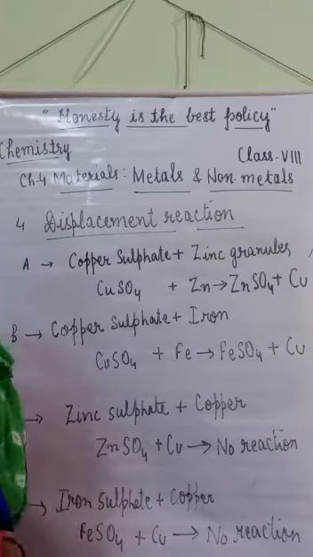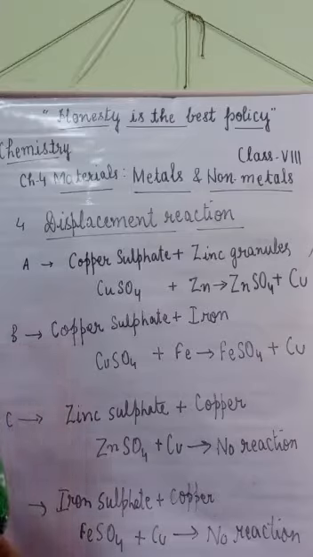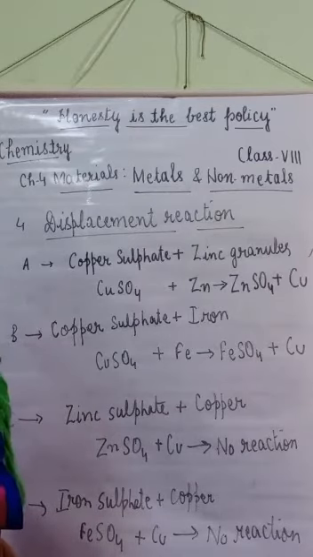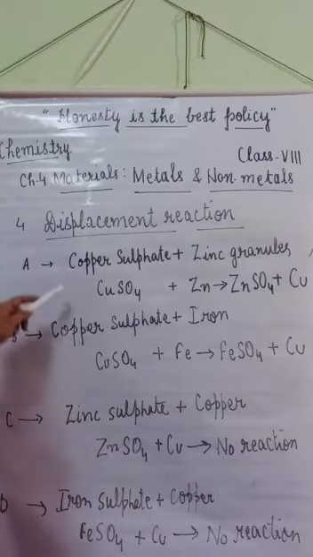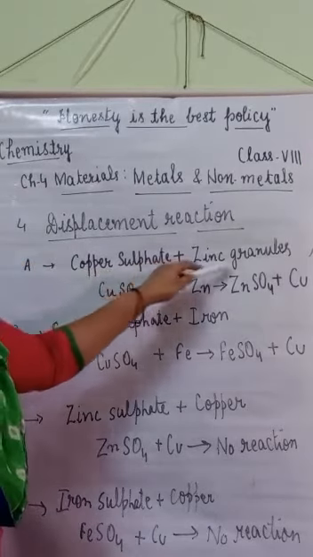When a more reactive metal displaces a less reactive metal from its solution and forms a new compound, this type of reaction is known as a displacement reaction. I have taken one example, copper sulfate plus zinc granules.